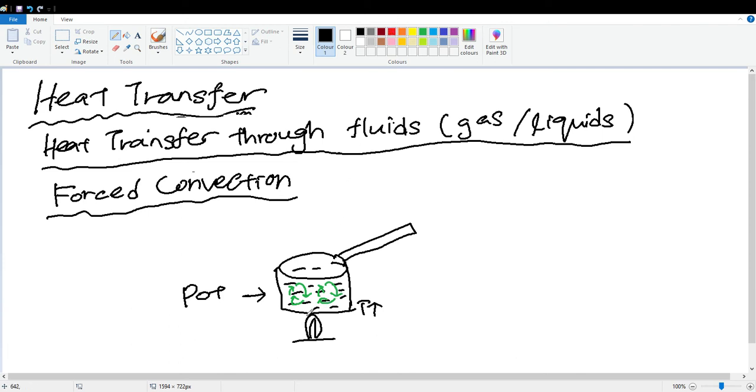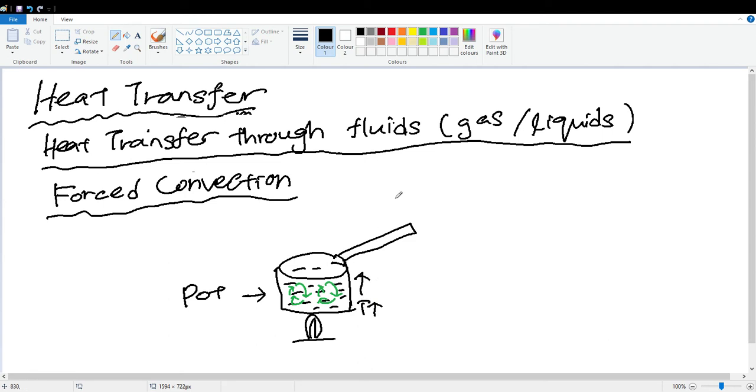So the higher temperature in this region causes the water in this region to expand. So expanding of the water causes the density of the water in this region, which has higher temperature, to decrease, and hence it will flow to the upper parts.